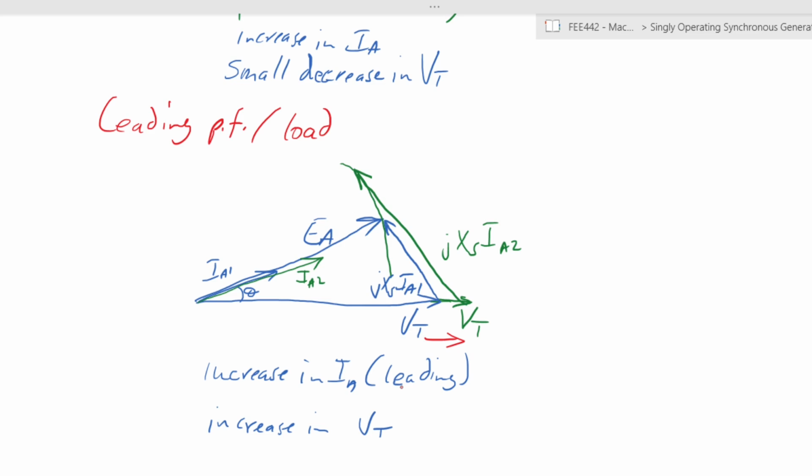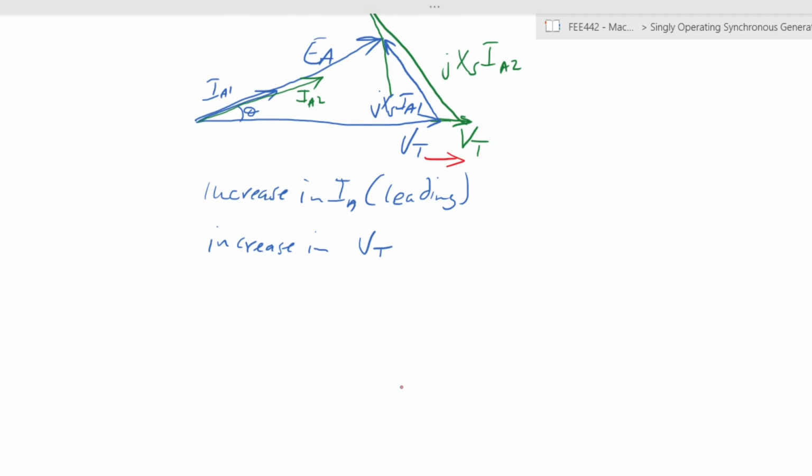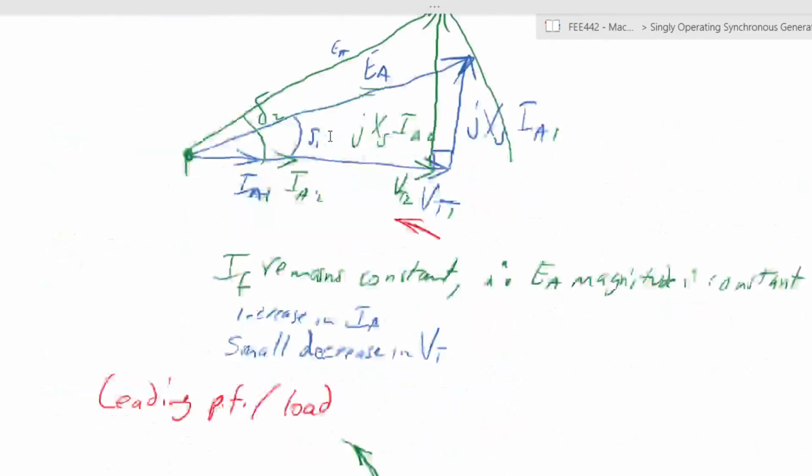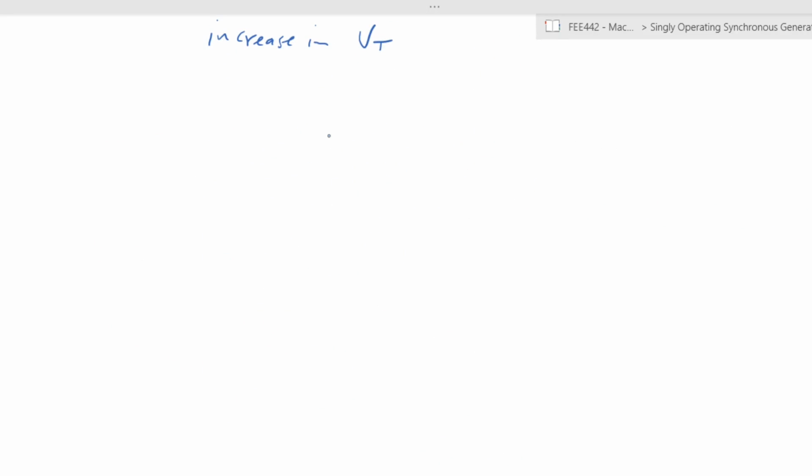Right? So now what would be the case in terms of voltage regulation? Going back to our initial discussion of voltage regulation, when you have lagging power factor, there is voltage regulation from no load to full load. So let's write them down here. When you have lagging power factor, you have a positive voltage regulation.